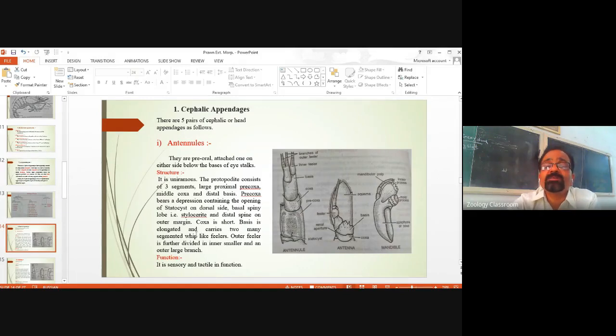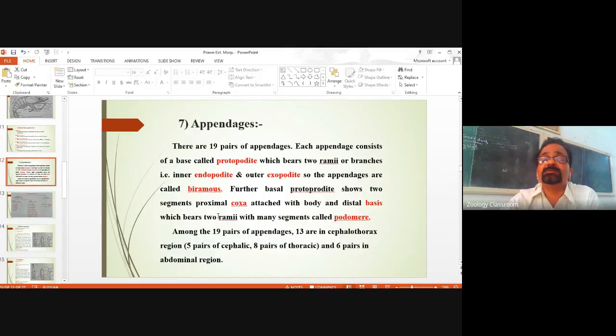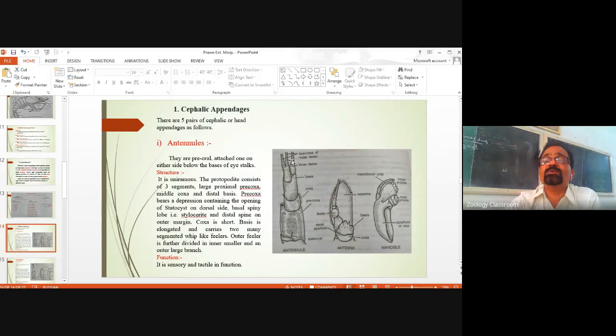Basically there are two segmented whip-like feelers. The outer feeler is divided into inner and outer branches. Whatever small segments are present on these are the podomeres, as we have already mentioned. Many segments such as podomeres are present, so these are the small podomeres.